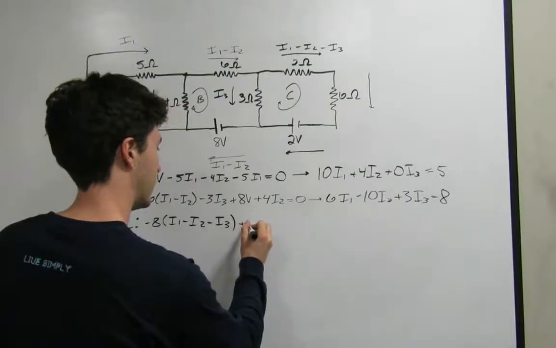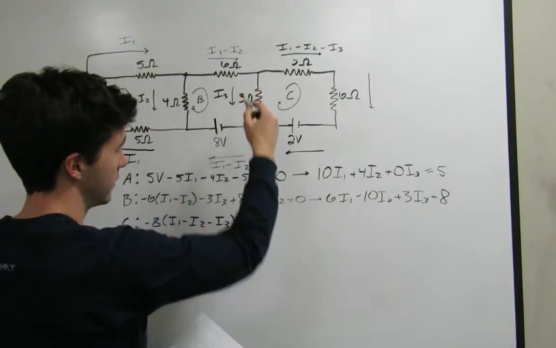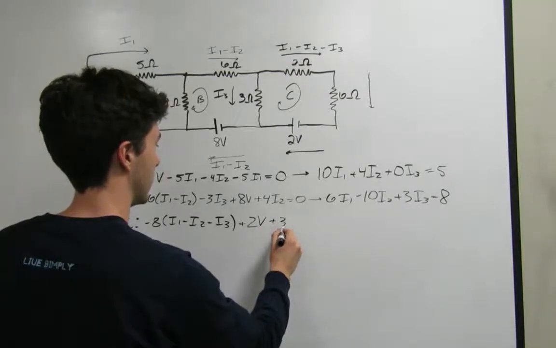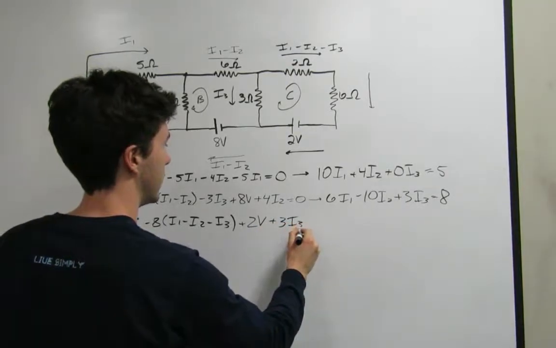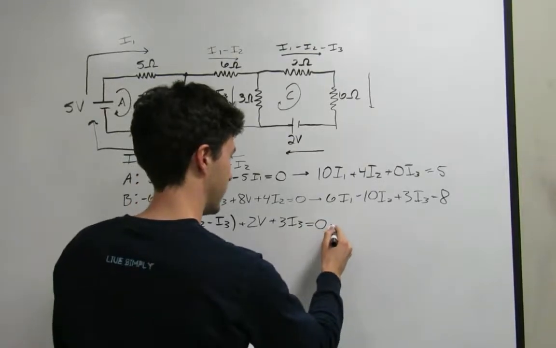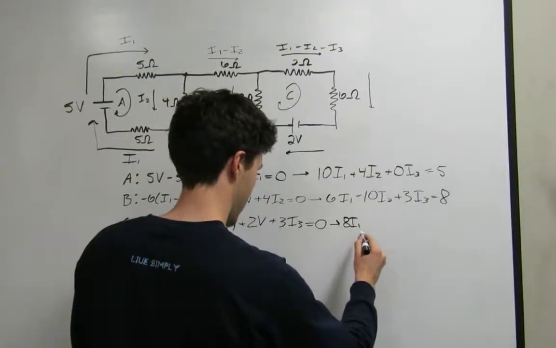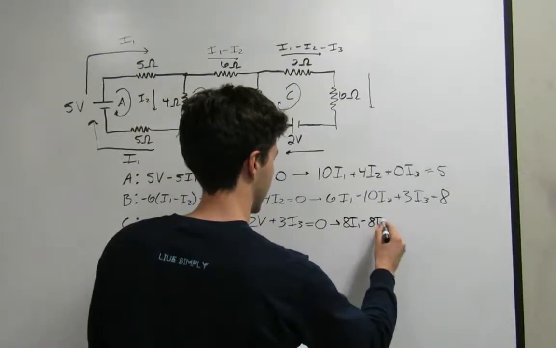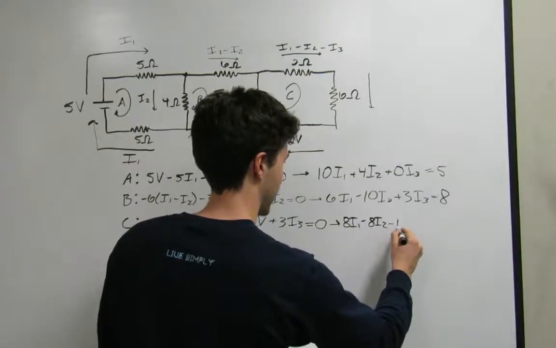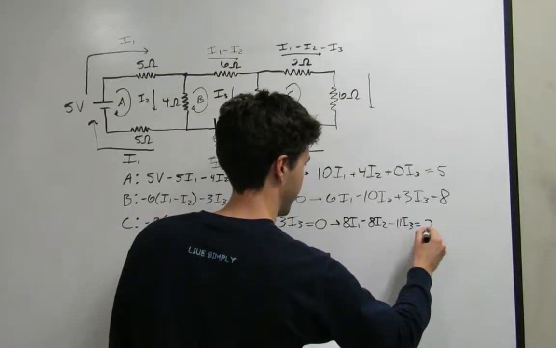And we got a plus 2 volt battery right there. And then again, we're going opposite this direction. So we have a plus 3 I3 equals 0. I went ahead and simplified this one again. And I got 8 I1 minus 8 I2 minus 11 I3 equals 2.